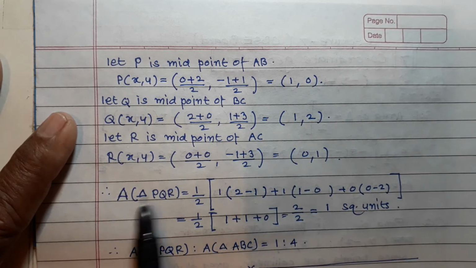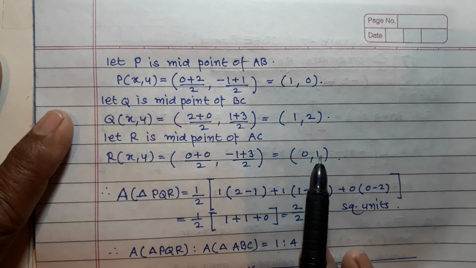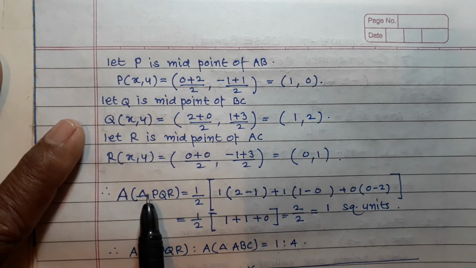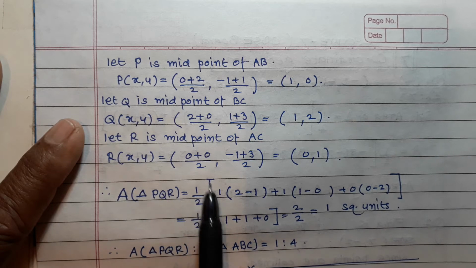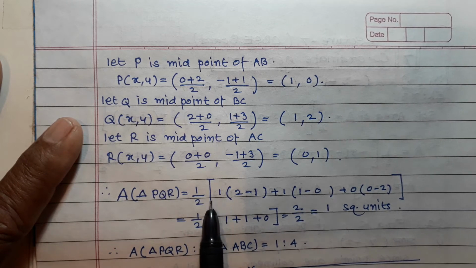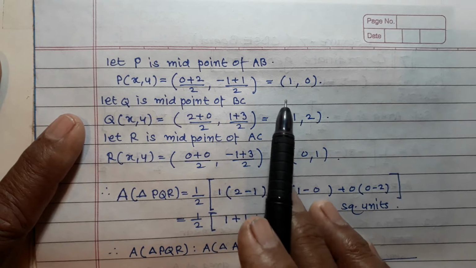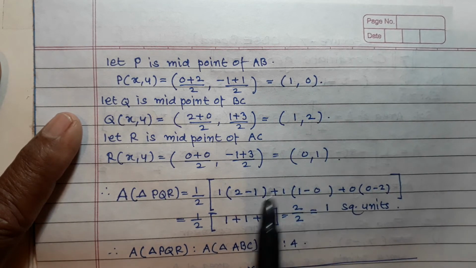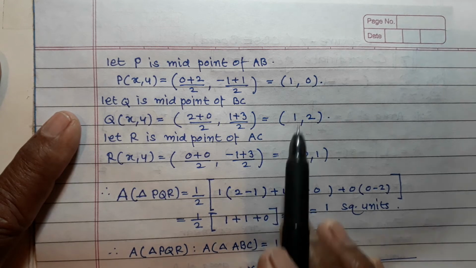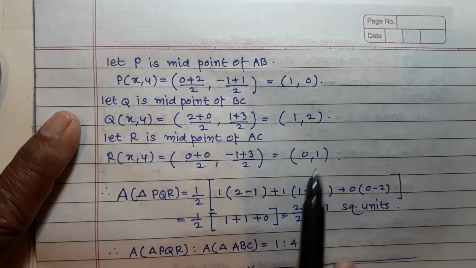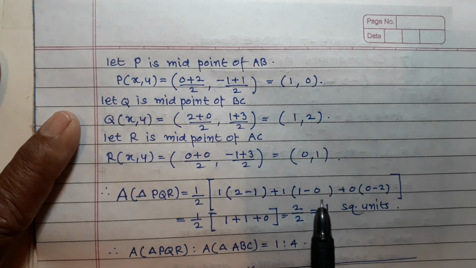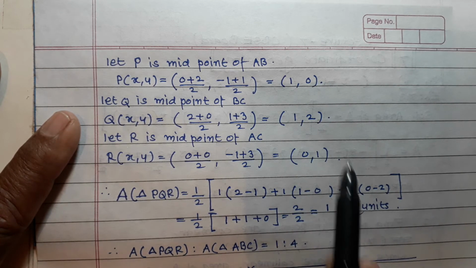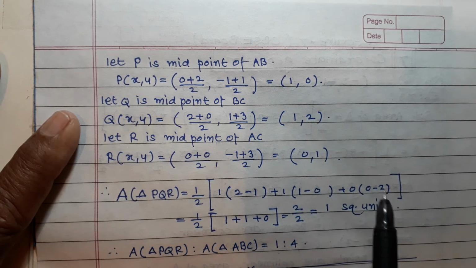And then, now these are the coordinates of triangle PQR, find the area. So the area of triangle PQR is equal to 1 upon 2 into bracket 1 into bracket 2 minus 1, plus 1 into bracket 1 minus 0, plus 0 into bracket 0 minus 2.